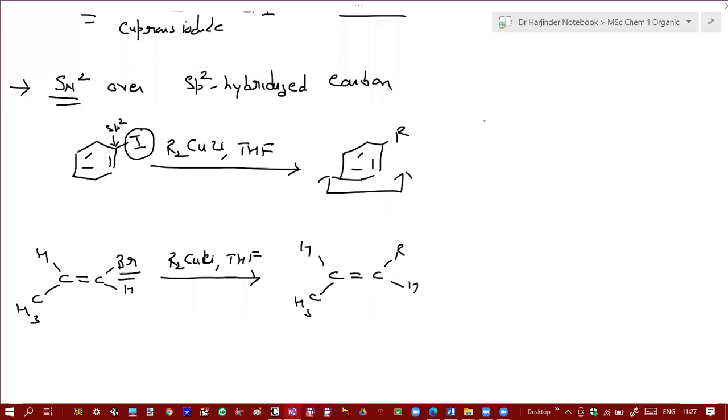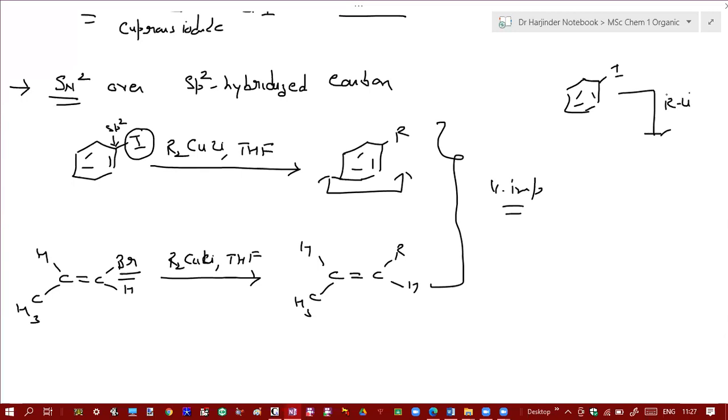So these reactions are very important. For example, if you use simple alkyl lithium, even though this alkyl group is a very strong nucleophile, it can't bring this nucleophilic substitution reaction over sp2 carbon. So in this case, there will be no reaction.